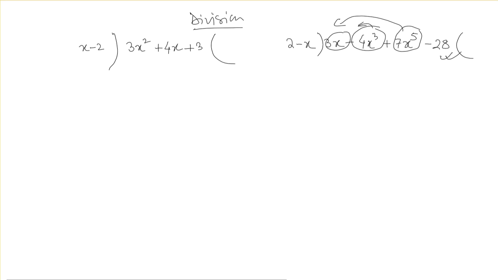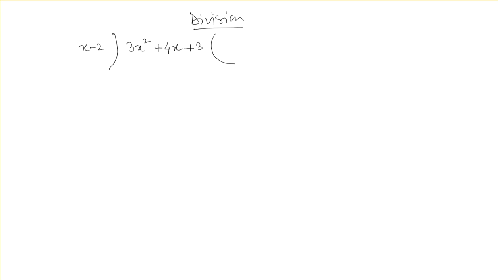So x powers must be in decreasing order. This must also be minus x plus 2 for appropriate division. So these are the basics. You have to focus on this and this, the first one in both.